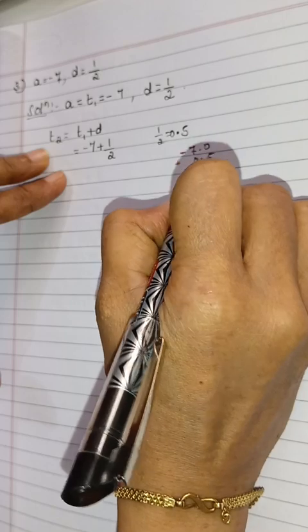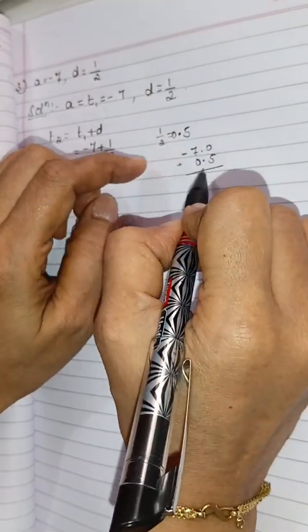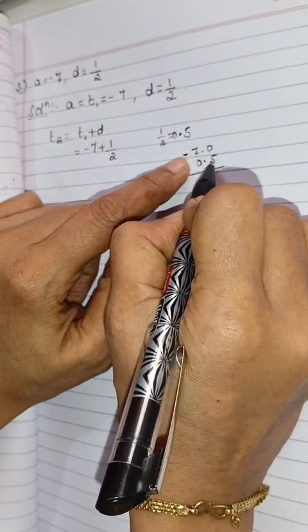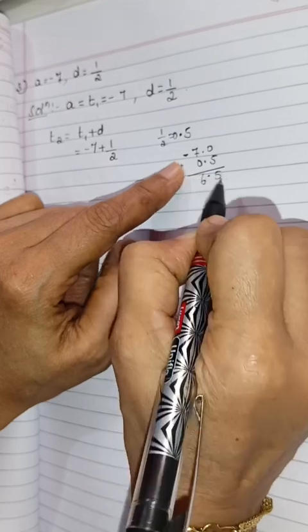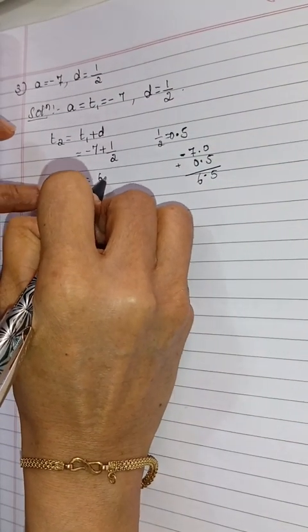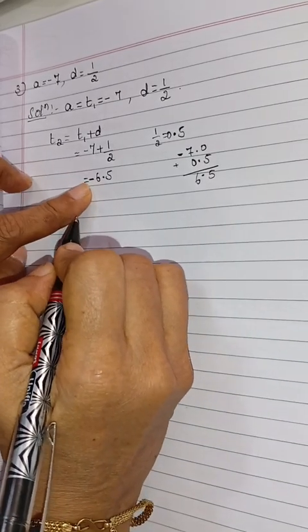Okay. So, 0, bring 1 from here. This is minus, no? So, 10 minus 5 is 5. Here 6 remains, 6.5. Answer is minus 6.5.